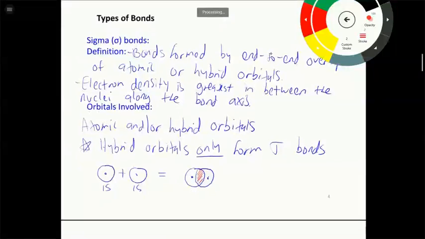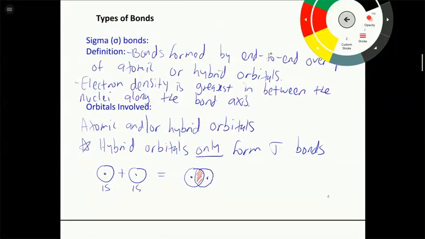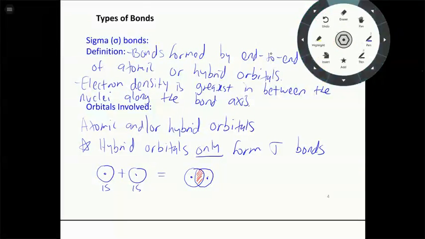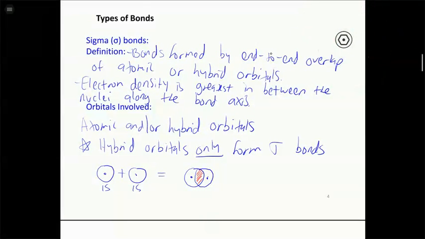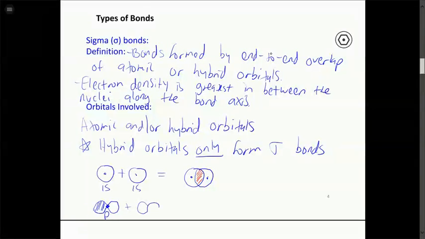Okay? So when you have overlap right between like that with the two orbitals coming head to head together, that's a sigma bond. You can form sigma bonds with p orbitals or sp hybrids as well, which look very similar, but in this case, again, the nucleus is right there at the center of the orbital, and if we overlap two of these, we can also form a sigma overlap, which is this end-to-end overlap where the two orbitals sort of come face to face and overlap in between the two nuclei.